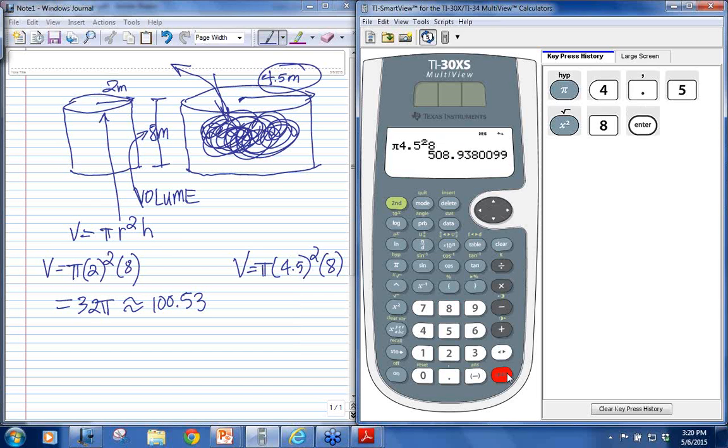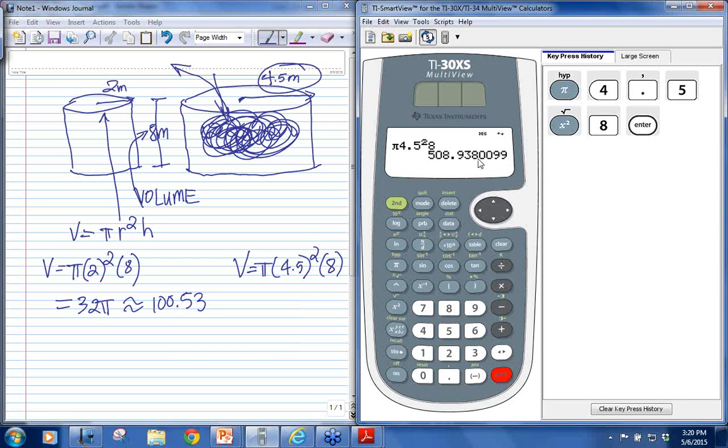Oh, wait a minute. If you notice, the pi is no longer there in the answer compared to our answer before, which gave us 32 pi initially, and then we still had to press the toggle button to come up with 100.53 and so forth. In this case, just because we have the 4.5, every time you enter a decimal and multiply it by pi, it will no longer display the pi.